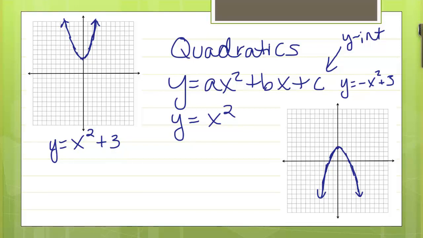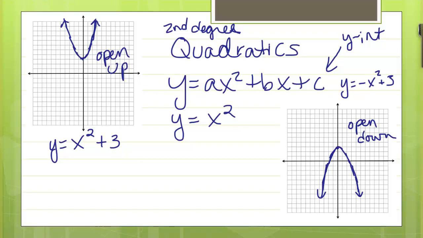It was our a. So it was m initially, then it was a, but it served the same purpose. So we called this one opening down. It had a maximum. Called this one opening up. It had a minimum.